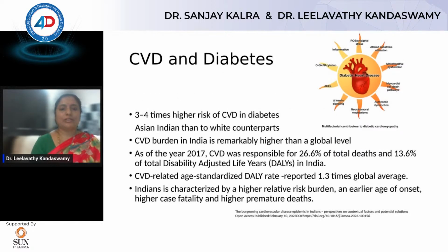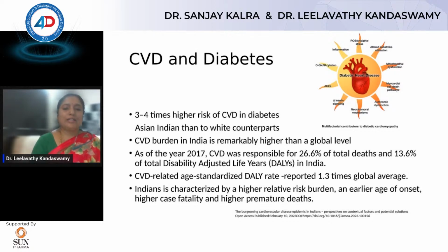to avoid a complication. Cardiovascular disease and diabetes: there is a 4 times higher risk of cardiovascular disease in diabetes. And this is one of the topmost causes of death. And especially in Asians, there is a higher risk of cardiovascular disease compared to the global level.